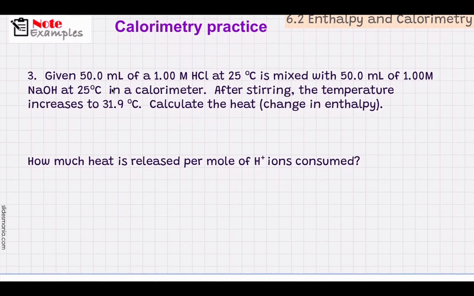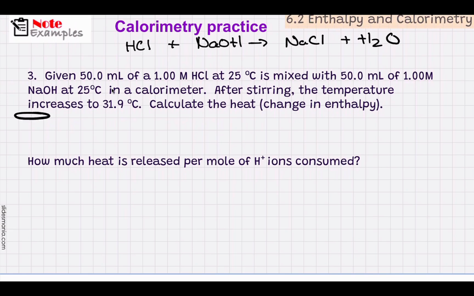So let's look at this problem. So we are doing a neutralization reaction. We're doing HCl plus sodium hydroxide. It's going to make sodium chloride and water. I like to draw pictures.